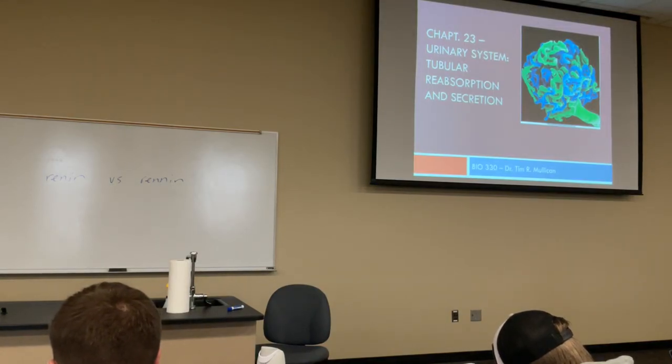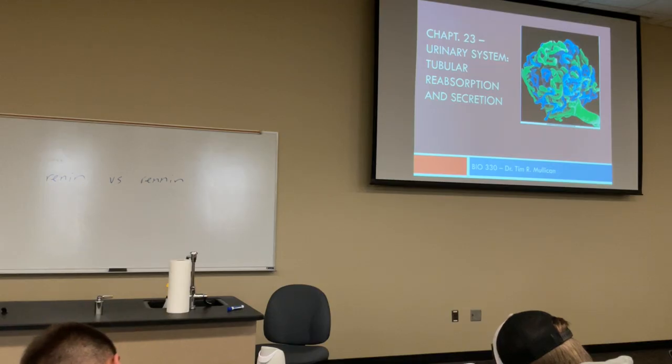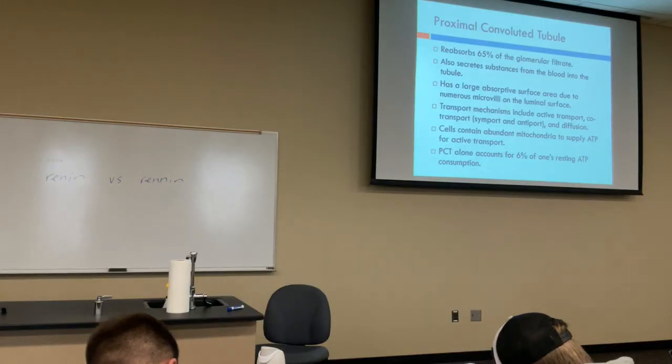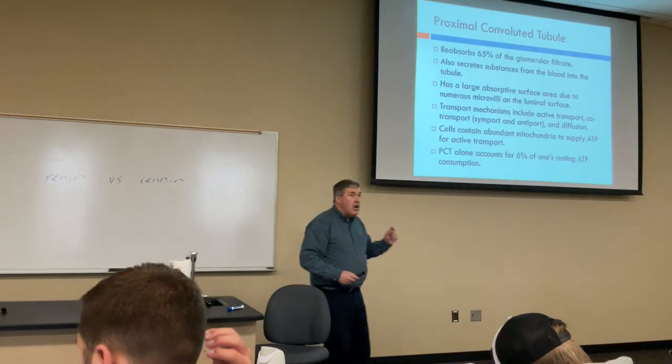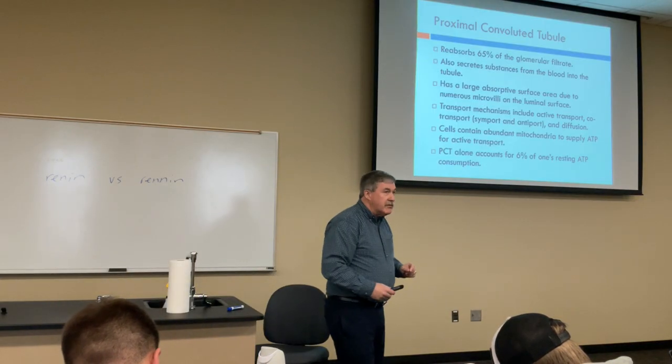Okay, so what we're going to do in this next part of chapter 23 is look at the reabsorption of water and sodium and nutrients like glucose and amino acids in the tubules of the nephron. The part of the nephron where most of the useful substances are reabsorbed is the proximal convoluted tubule.